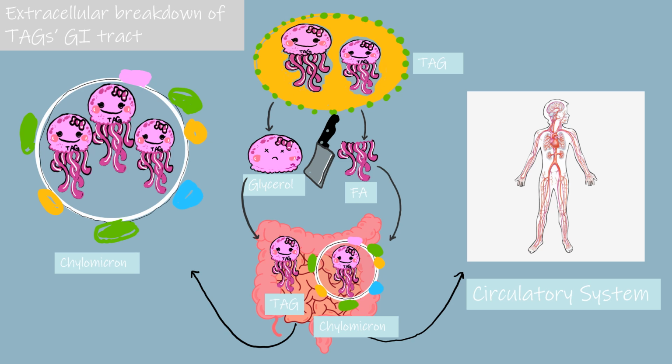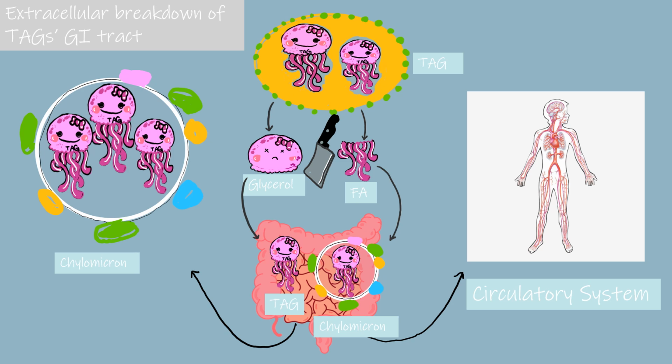Now we'll go in more depth on the extracellular breakdown of TAG in the GI tract. We first start off with our TAG, which is dietary triacylglycerol, and it's emulsified by our bile acids. To remember the structure, I drew TAG as a little jellyfish.